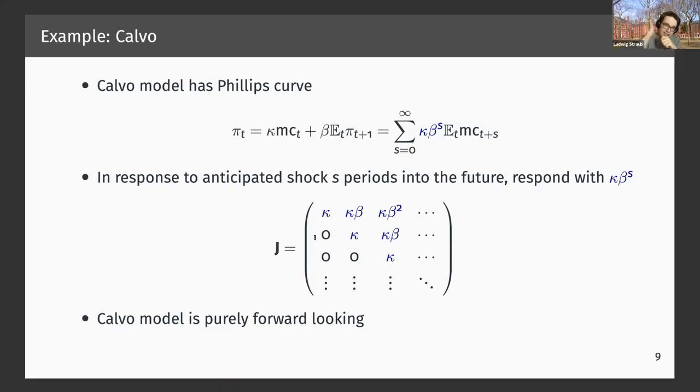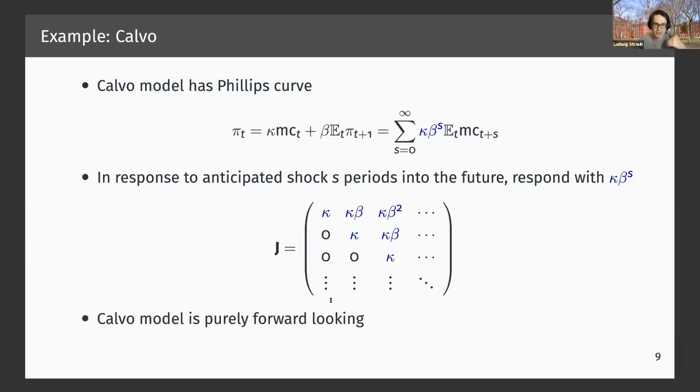So I shock marginal cost today and then no more in the future. Using this equation here, you see that all this then picks up is a term at s equals 0. So this just picks up a kappa today, which is the element here. And then in the future, there's nothing that will be left of this shock because this is perfectly forward-looking. And so starting tomorrow, there's no more shock, right?